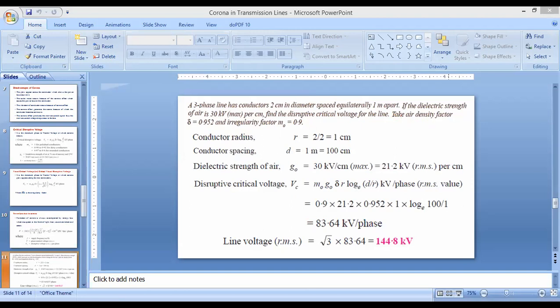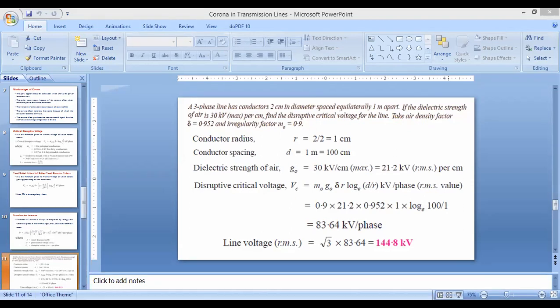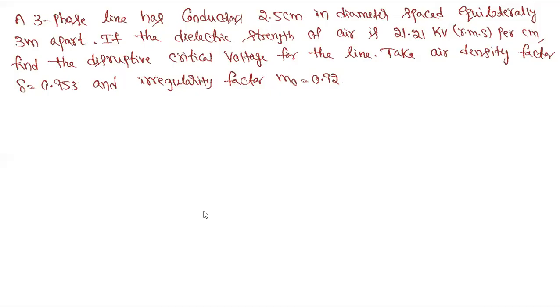Let us go through the next problem. A three-phase line has conductors 2.5 centimeter in diameter, spaced equilaterally 3 meter apart.